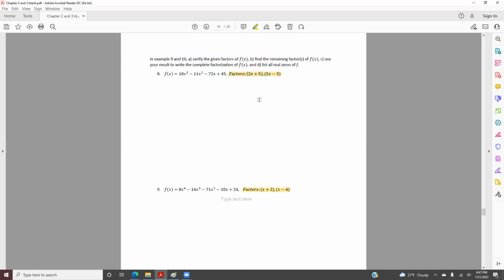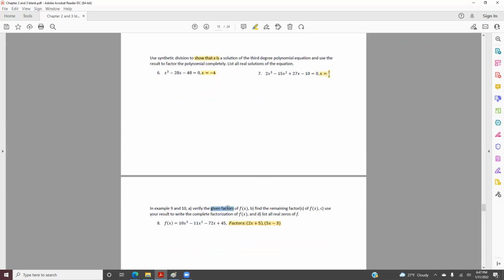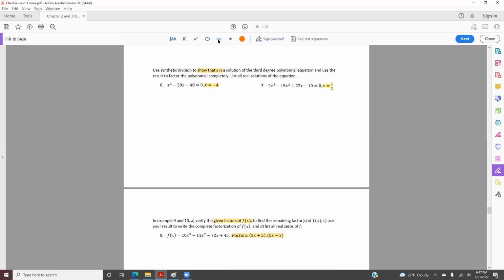It's very easy for us to show that something is a factor: you perform synthetic division on it and your remainder is going to be 0. That is easy enough because they provide the zero.